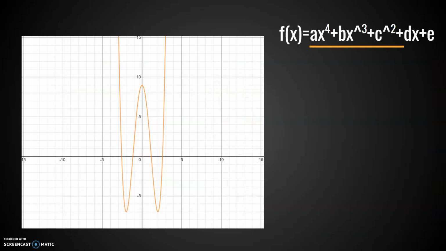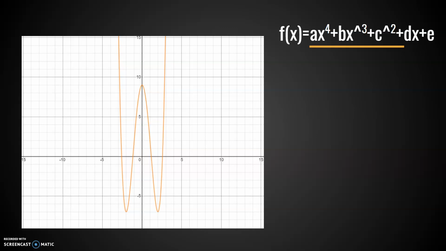Now, what happens if we use a bigger exponent like the one in our third example here? This function has a positive leading coefficient and an exponent of 4. The middle part of the graph is clearly different than our first example, with an exponent of 2. This is because this function has more zeros, in other words, more places where the graph intersects the x-axis.